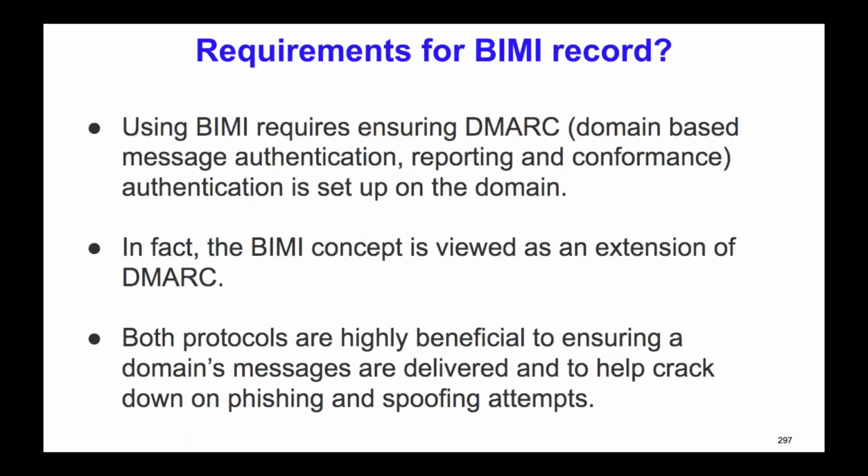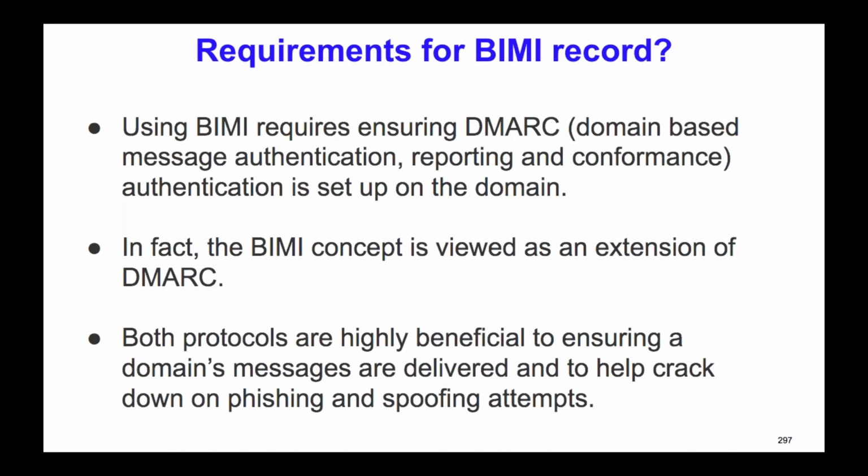Before creating a BIMI record, you need to have the DMARC record. I'm sure if you're an existing MassMailer customer, you're already aware of this, because we would have set up the DMARC for your company. DMARC means Domain-based Message Authentication, Reporting, and Conformance. DMARC is one type of email authentication.